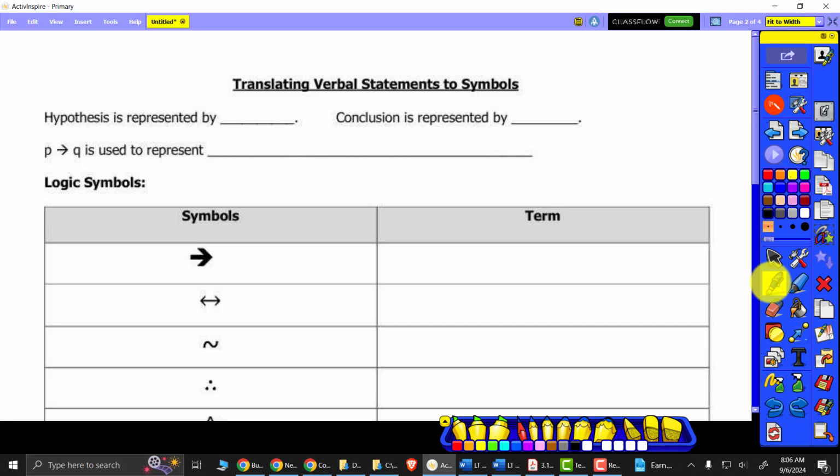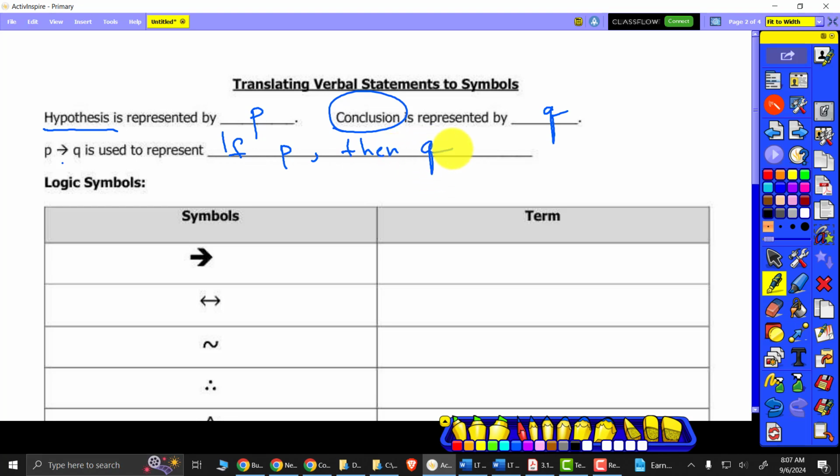Your hypothesis, the one that we usually underline, is represented by P, and then the conclusion that we usually circle is represented by Q. Now we can use other letters, but in our example, we are going to use letters P and Q. So P, this arrow means implies, okay? P implies Q is used to represent if P, then Q.